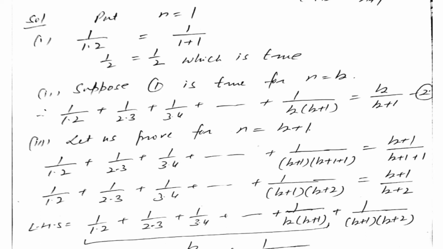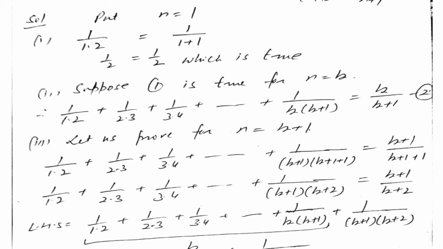Now, here again, as we have done in the previous question, we rewrite the left hand side up to this. Now, k plus 1 into k plus 2. The number before it will be what? 1 into k, 1 upon k plus 1 into k plus 2. Now, we can write here, the one number before it will be same, 1 upon k into k plus 1, and the last number is 1 upon k plus 1 into k plus 2.